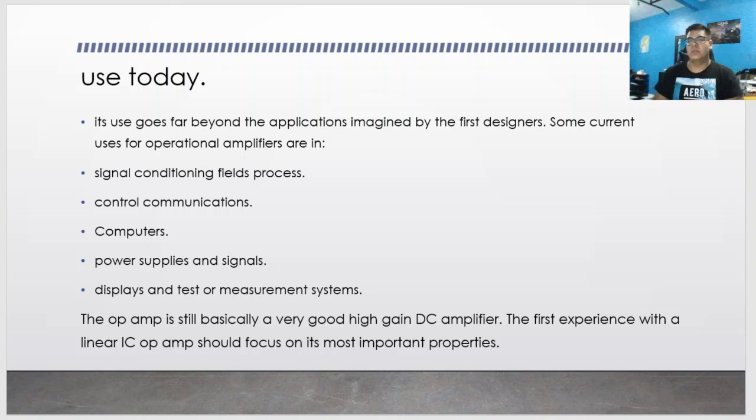Some current uses of operational amplifiers are signal conditioning, process control, communications, computers, power supplies, signals, displays, and measurement systems. OpAmps are still very good as high-gain DC amplifiers. Their first experience with a linear IC op amp should focus on its most important properties.